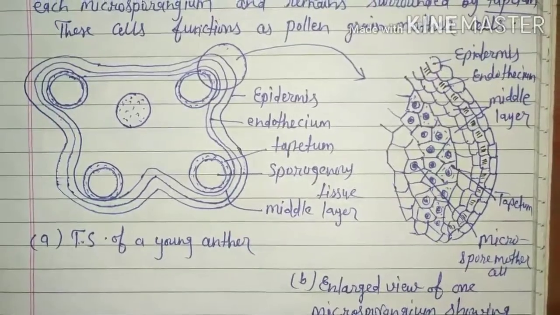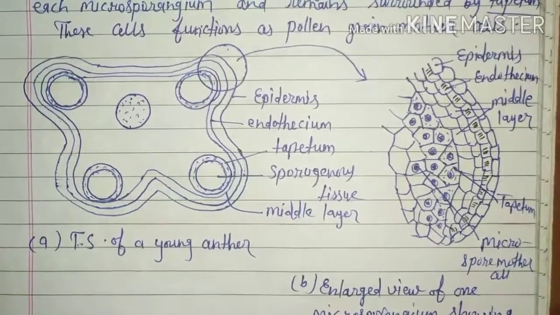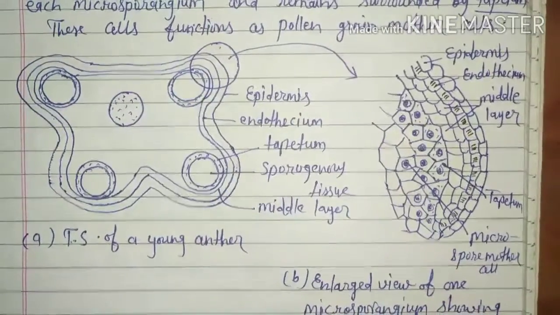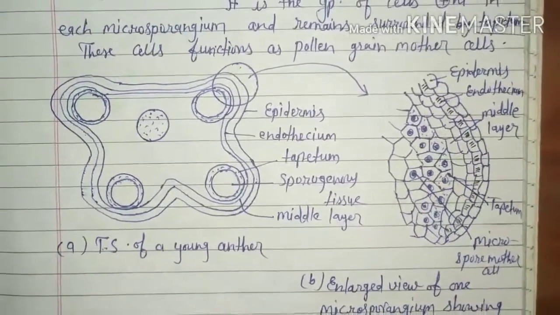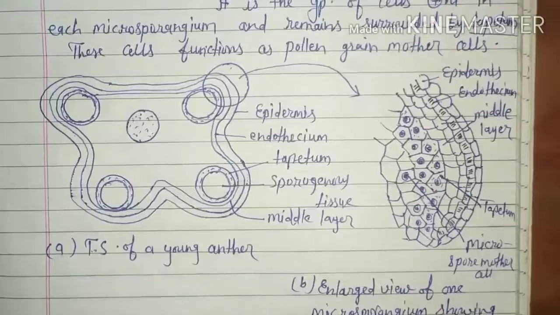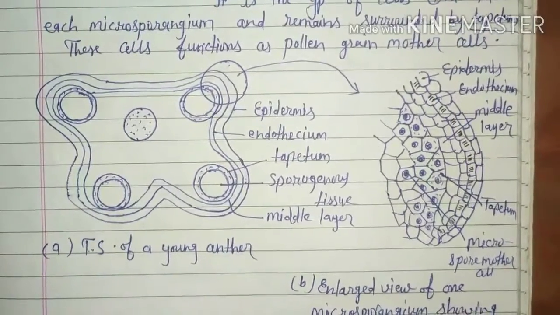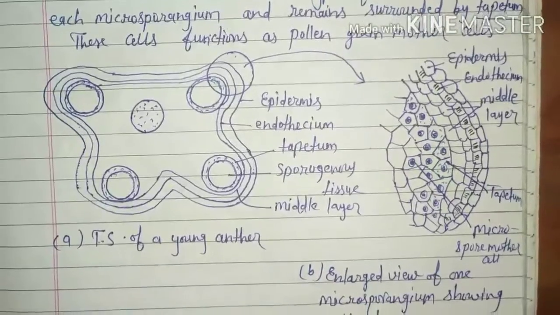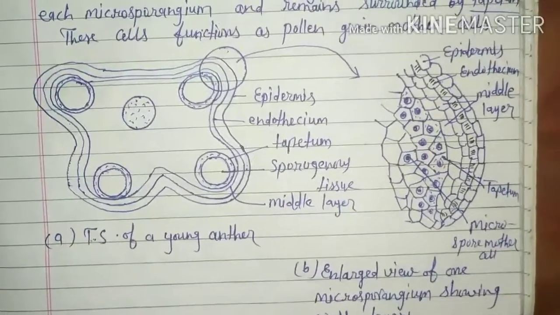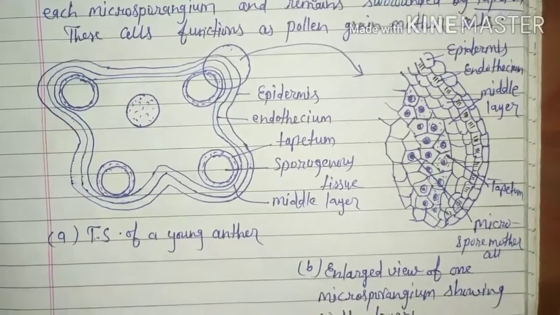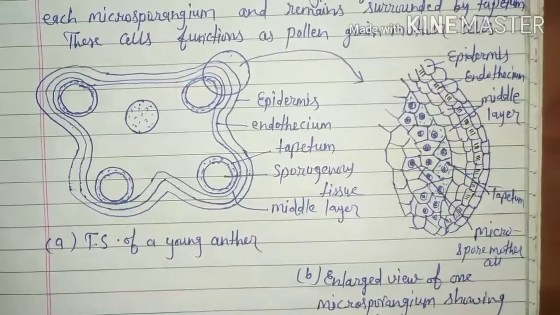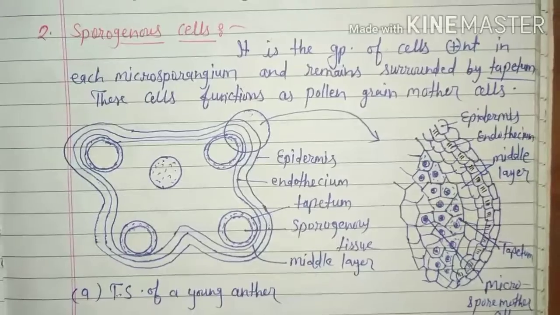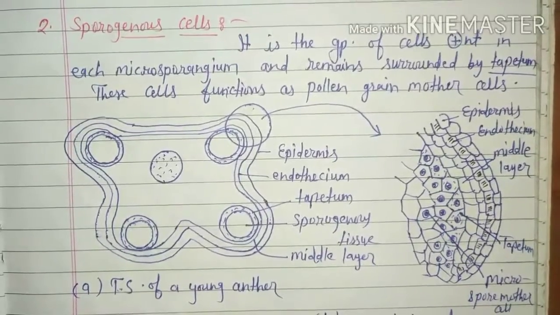The outermost layer is called epidermis, the second layer endothecium, the third layer middle layer, and the fourth layer tapetum. Innermost cells of the microsporangium are called sporogenous cells or sporogenous tissue, surrounded by the four microsporangium wall layers.